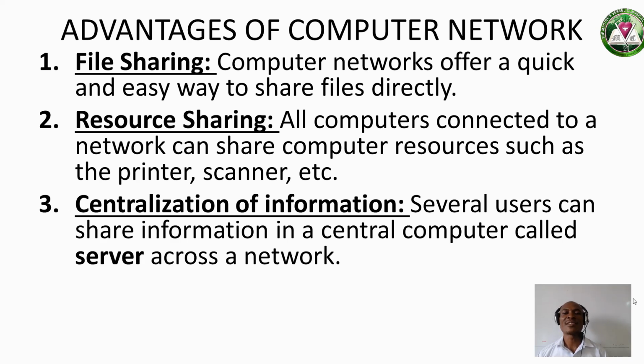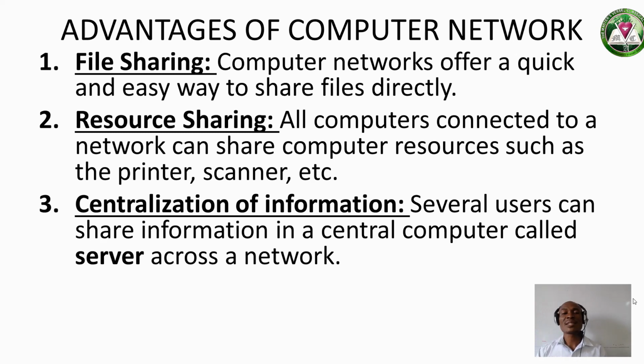The next one is centralization of information. In a computer network, there is always a central computer known as a server or file server, where information in that network can be centralized. Individual users in that network will have access to the information stored in the server.